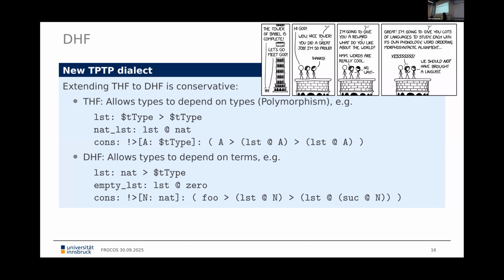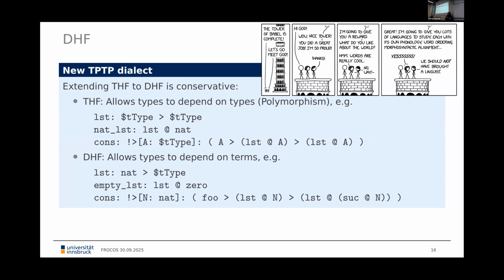And with the same idea, we are going to introduce this DHF dialect, which is very similar to THF, the typed higher order form, because THF already allows dependence of types, but not on terms, only on other types. It's just polymorphism. We have, for example, a polymorphic list, which takes as an argument a type and returns another type.